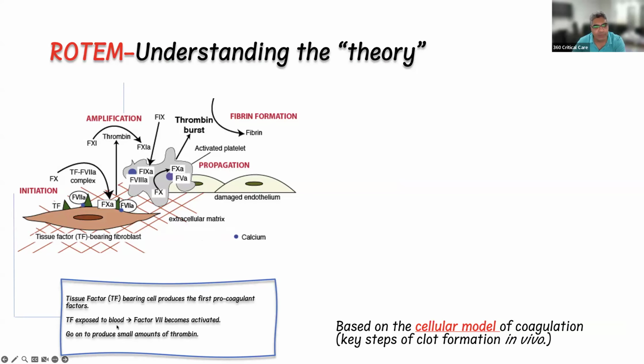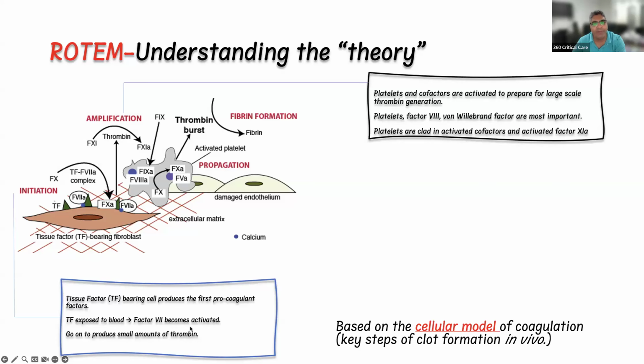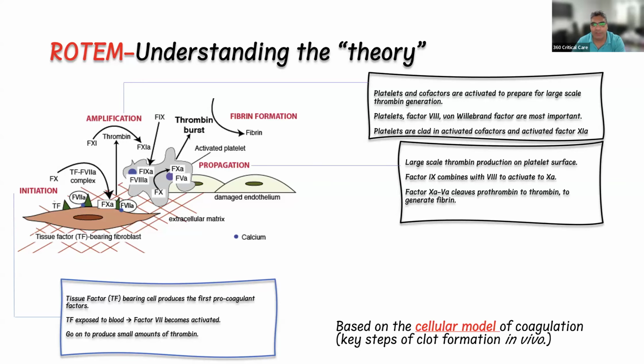Tissue factor exposed to the blood causes factor 7 activation, which produces a small amount of thrombin. This is followed by the amplification where platelets and cofactors are activated, and hence other factors also get activated, and there is platelet aggregation, and there is propagation of the clot afterwards with a common pathway.